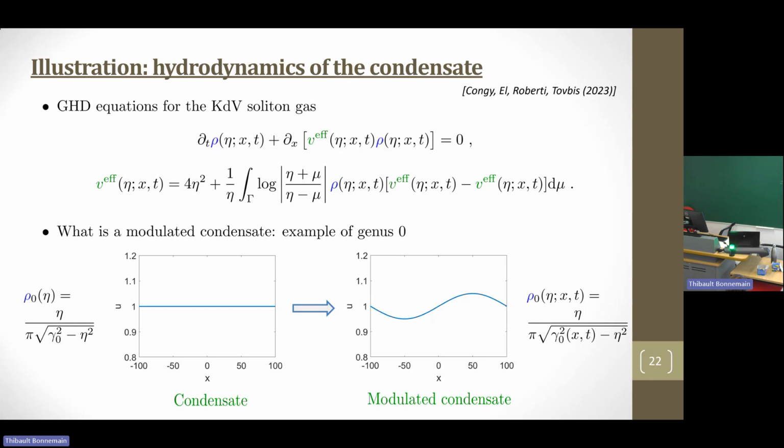That means that after a certain time, the maximal value of the spectral parameter a soliton can take within this fluid cell will be lower than gamma naught, because the fastest solitons will have left. So effectively your spectral support of this cell is shrinking. Similarly, this cell will welcome the fastest solitons, so its spectral support will expand. So the hydrodynamics morphs into the hydrodynamic equations of the endpoints.